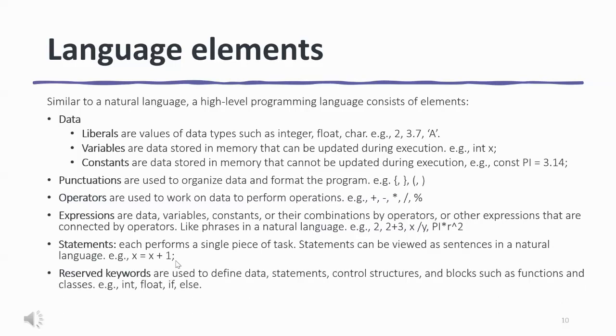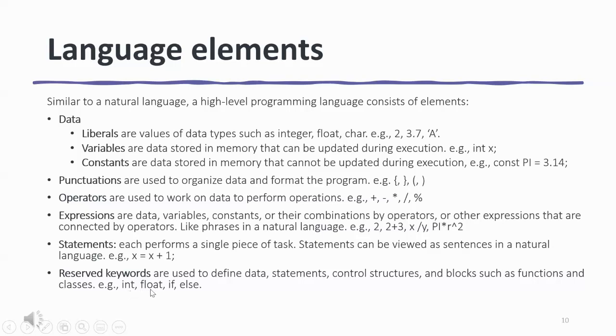Now another kind of element in a programming language is reserved keywords. Reserved keywords are used to define data, statements, control structures, and blocks such as functions and classes. For example, int is used to declare integer.